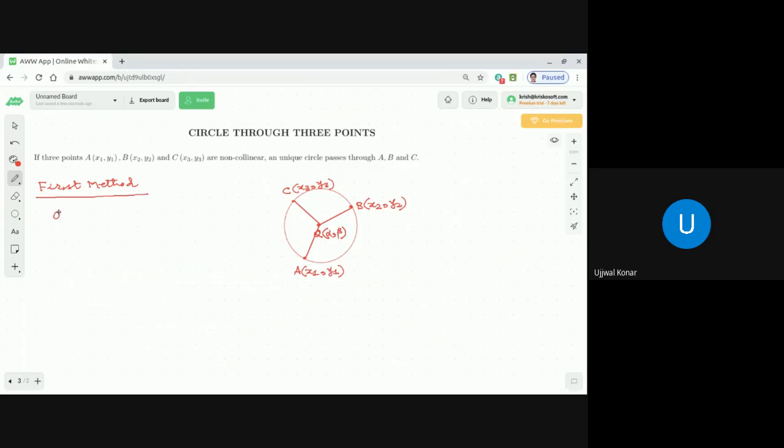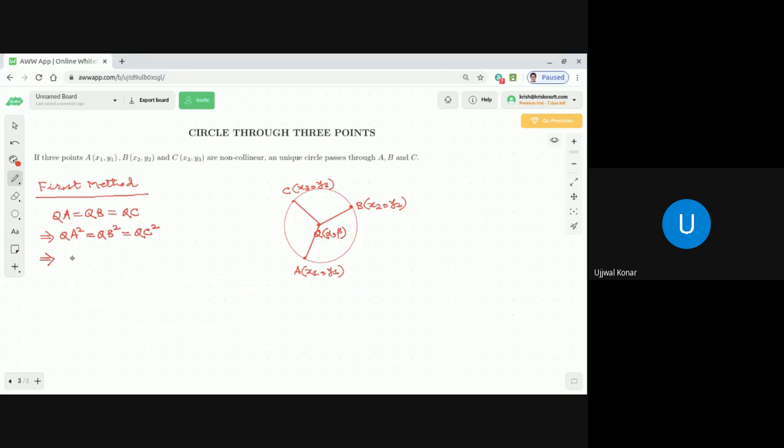QA is equal to QB is equal to QC, correct? So that implies QA square is equal to QB square is equal to QC square.